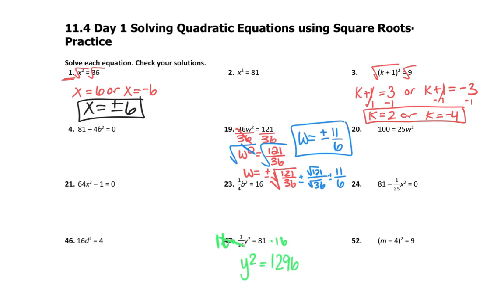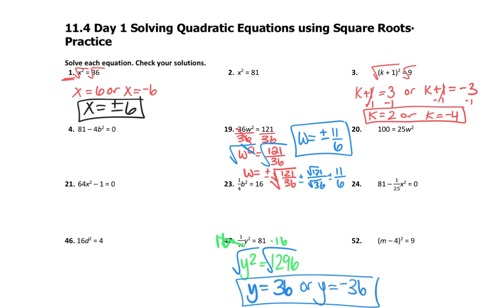And then I need to take the square root of both sides, and I get an answer of 36. And it could be positive 36, or y could be negative 36. Again, if you took 36 squared or negative 36 squared, you would get that 1,296. All right, so that's kind of how those top ones work.